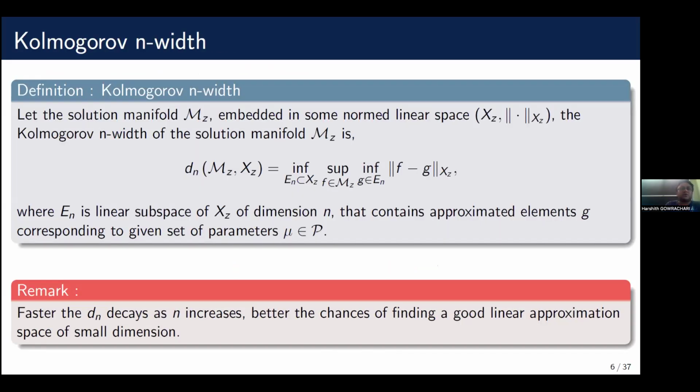One of the model reduction barriers can be known by knowing the Kolmogorov n-width of your solution manifold, which shows us the error we accumulate by approximating the function in M with any element in a linear subspace of dimension n. It also tells us that the faster the Kolmogorov n-width decays as n increases, the better.